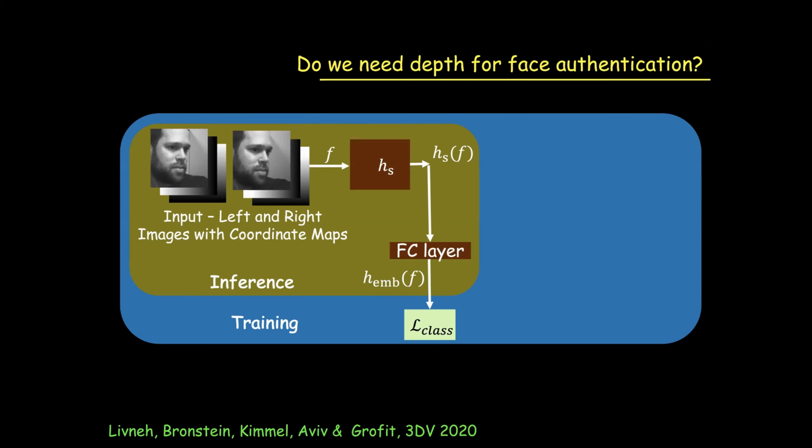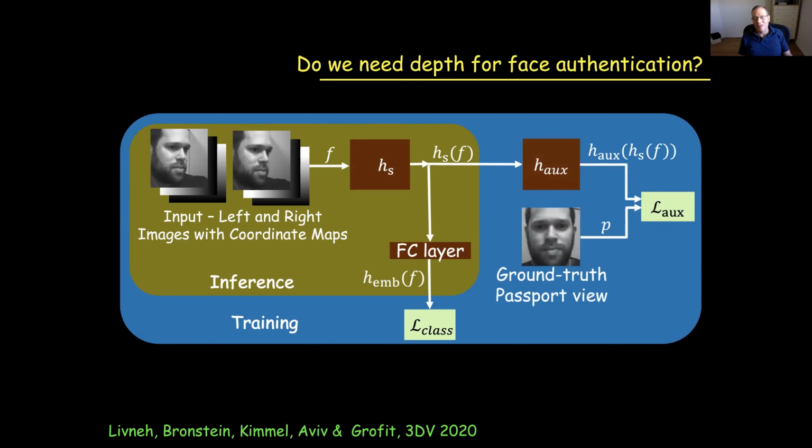So what Amir did is use an auxiliary network, if you'd like, you can think about it as a GAN. It takes the output of the stereo network, before there is any 3D coming into action, and trains another network that would find the ground truth of a passport view of the same object.